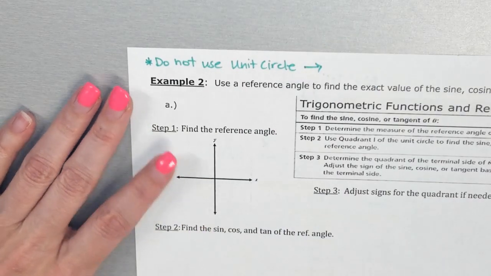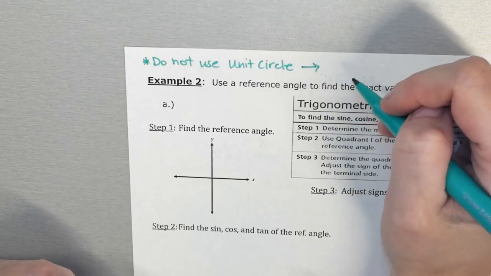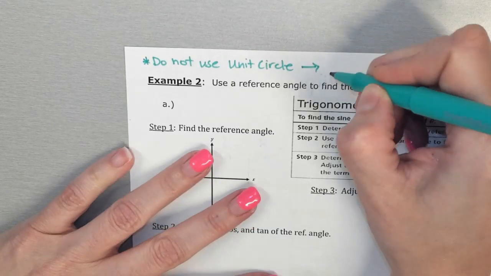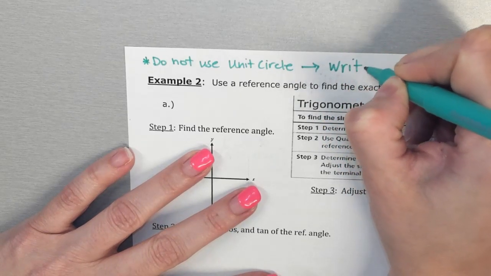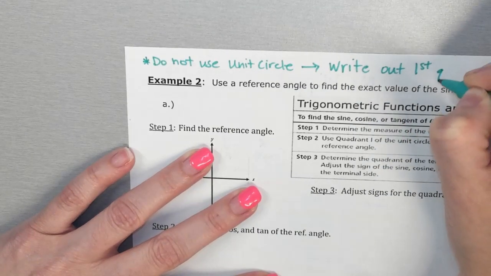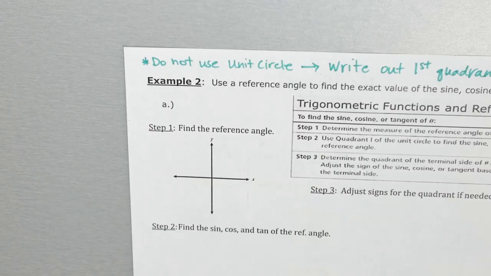When we're not using the unit circle, do you remember what part of the unit circle I told you that you're going to have memorized? Yes. I'm going to give you a piece of paper, and on it we're going to write out the first quadrant from memory. I know you're going to be tempted, but don't look at your unit circle. This is the first step in practicing to see if we can do that unit circle quiz that's coming up.